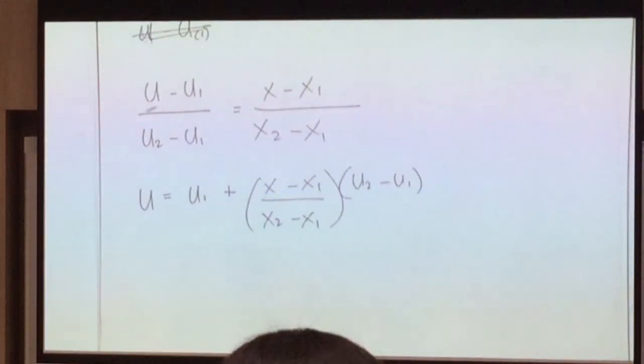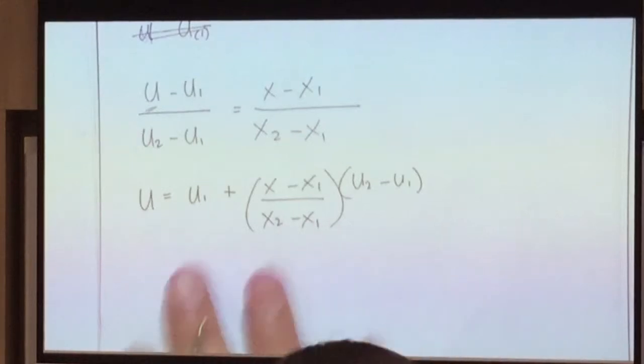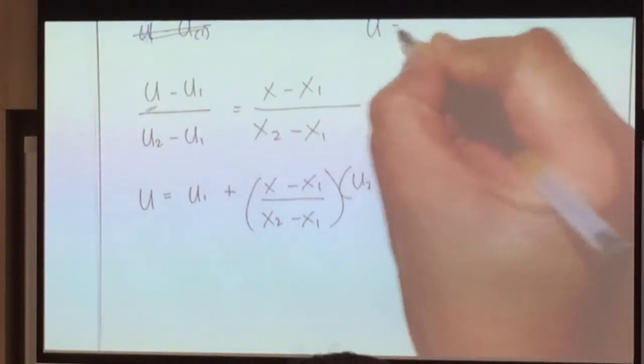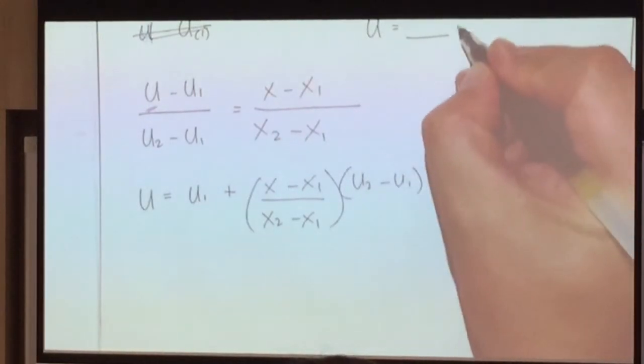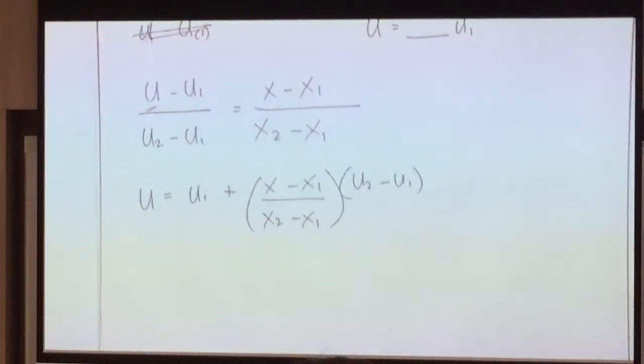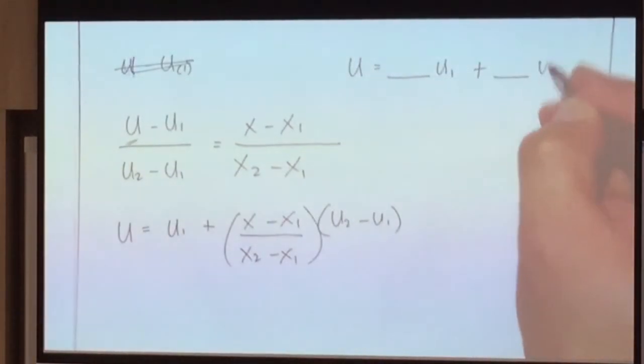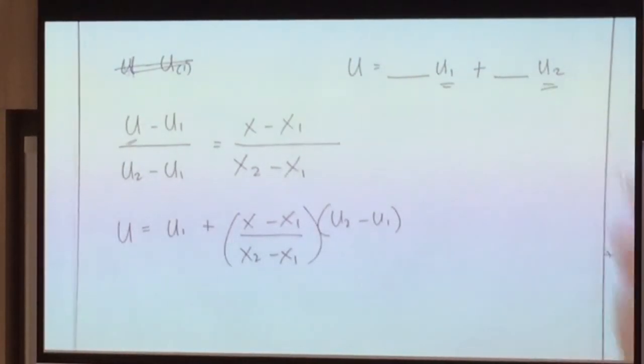Now what you're going to do is arrange it in such a way that u is equal to a certain value multiplied by u1 plus a certain value multiplied by u2. So that's how you want it to be arranged.